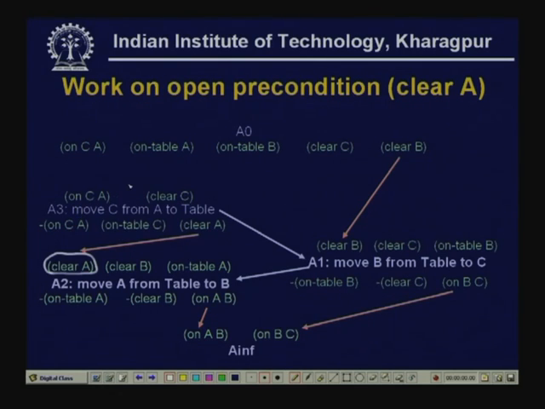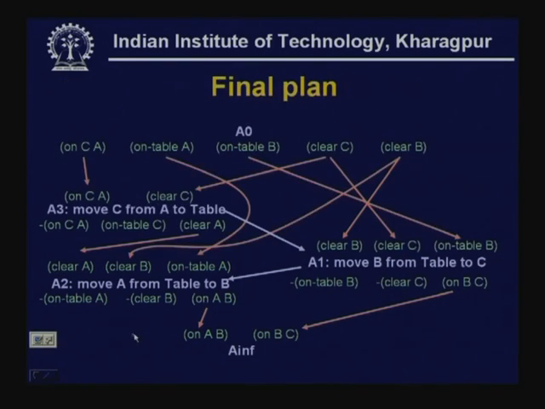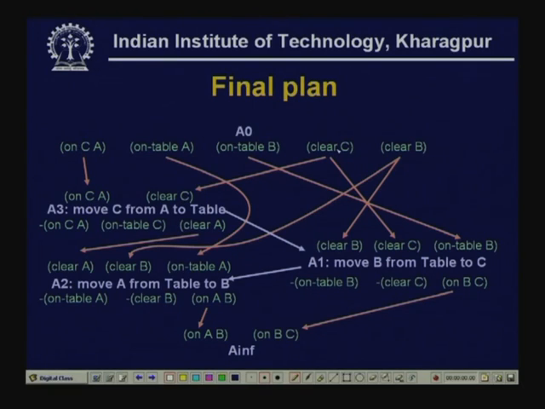So, right now we have introduced 3 different steps in our plan, A1, A2 and A3. Now, the pink arrows are the causal links between the states and the white arrows are the ordering links between the steps. Finally, we see that on CA and clear C are achieved in the initial state, that is for action A3.